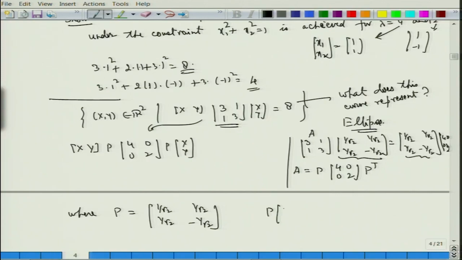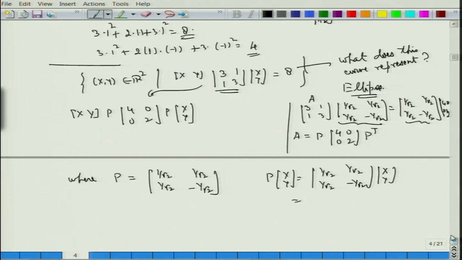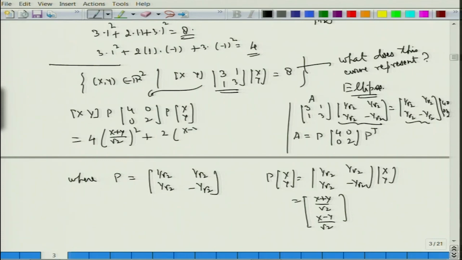So, what is P times (x, y)? P times (x, y) is [1/√2 1/√2; 1/√2 minus 1/√2] times (x, y), which is same as, so this into this gives me (x plus y) upon root 2, and the next one gives me (x minus y) upon root 2. This is what it gives me, fine. So, I would like you to see that this is nothing but 4 times ((x plus y) upon root 2) whole square plus 2 times ((x minus y) upon root 2) whole square, all right.